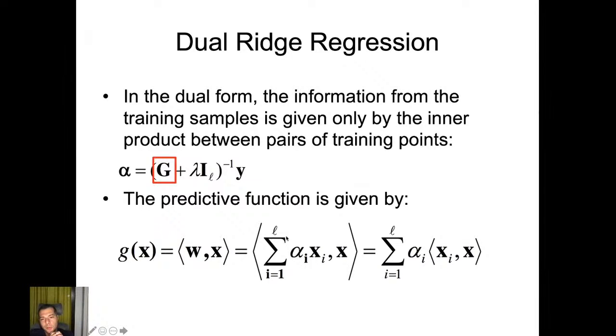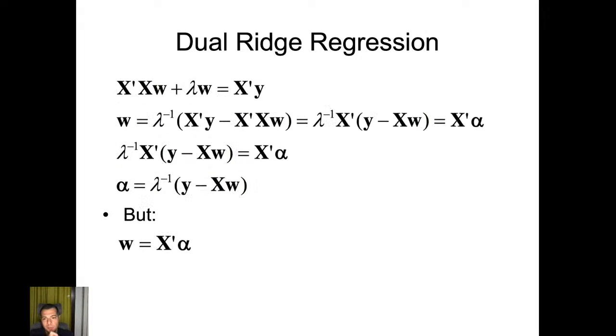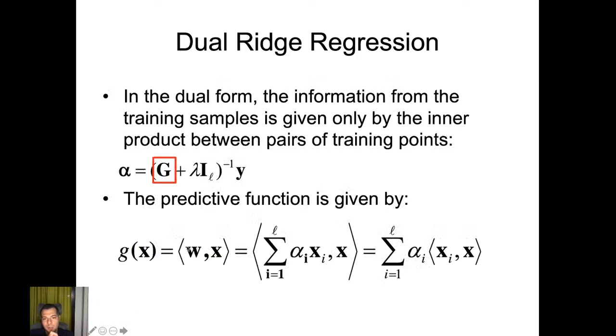In the dual form, from the relation w equals X transpose alpha, if we look at the individual components, the weight w for x is the sum of alpha i multiplied with xi.